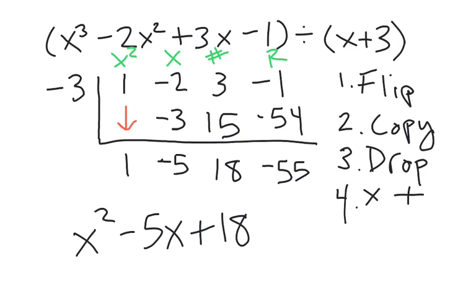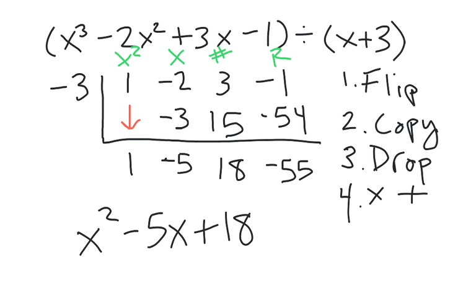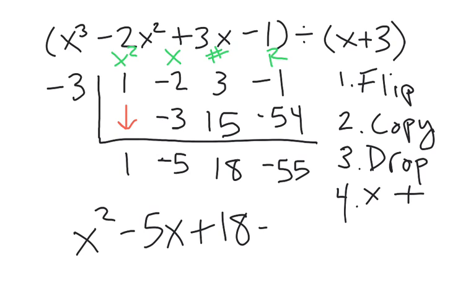The remainder is the only tricky part. So now, the remainder is going to be minus 55, and then I have to put it over little guy. x plus 3. Boom. I just synthetically divided these.